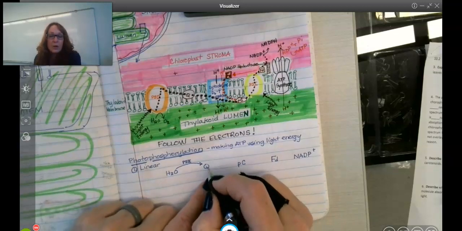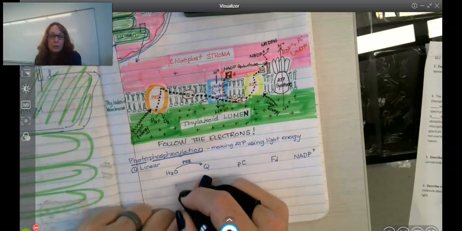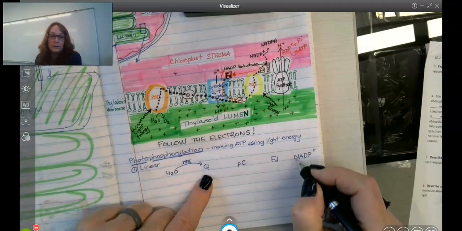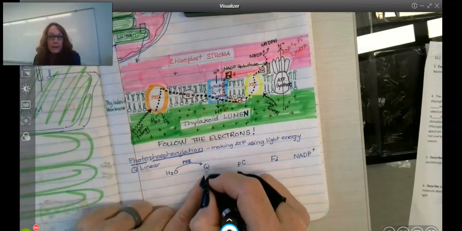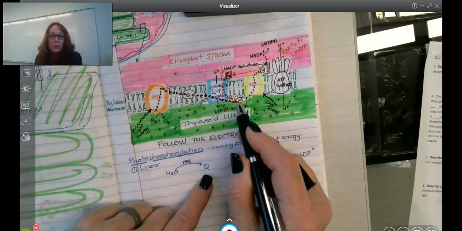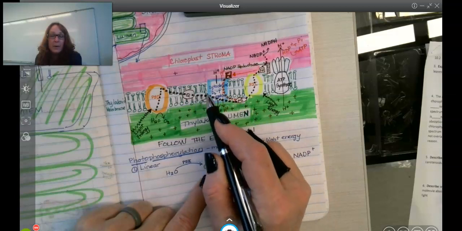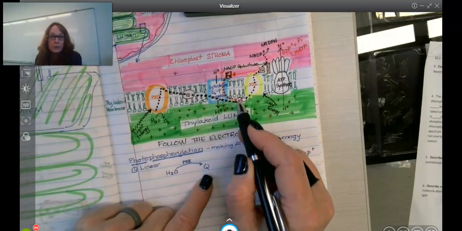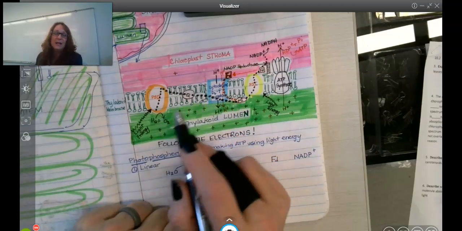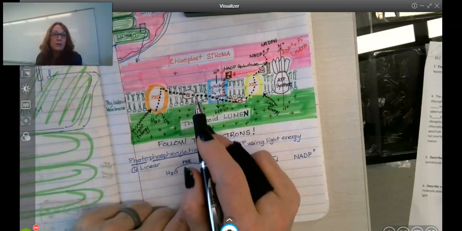As the electrons move, now they're high energy. We'll write whether they're high energy or low energy, which really they're low and the rest of the time they're high. As they go from Q over to C, they're passed through an electron transport chain. People say that and they don't have a clue what they're saying.